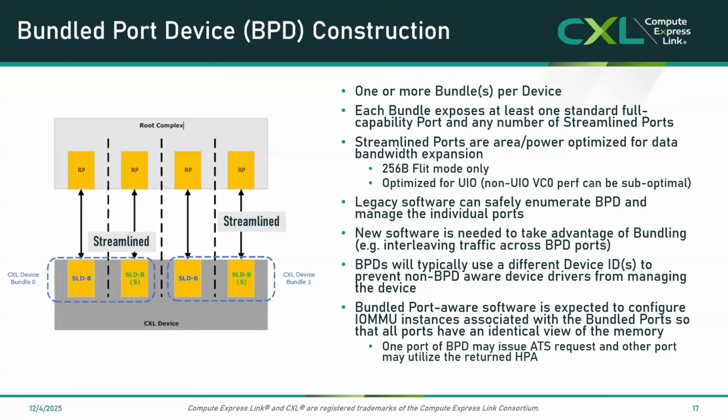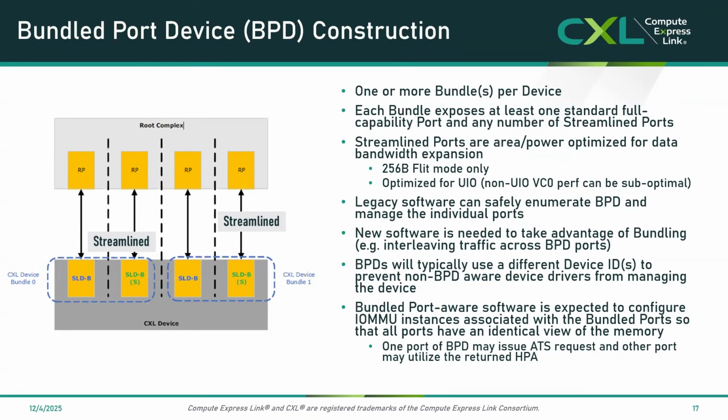So, one example of why we need new software is that the new software would configure the IO memory instances above both the bundle ports so that all the ports will have the same view of memory. Where it helps is that you could have one port issue an ATS request for getting translation to a GPA, and then use the host physical address returned by the ATS request on, let's say, port 0 on the other port.